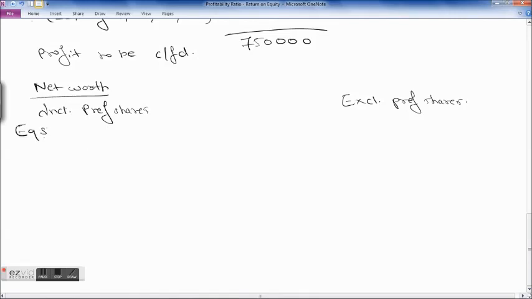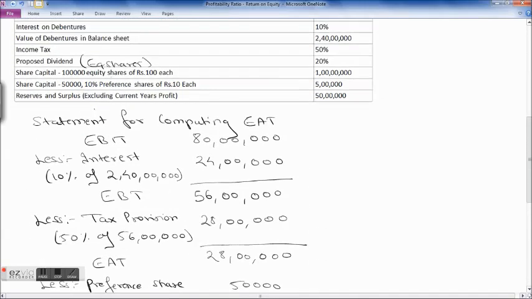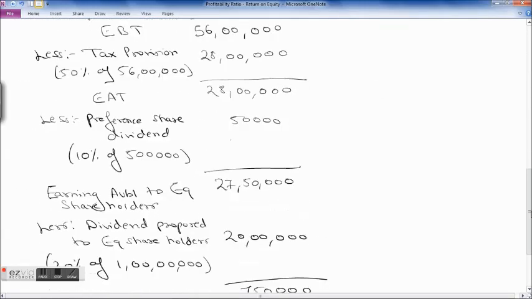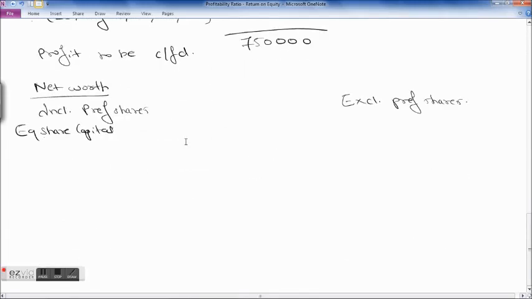your equity share capital. Okay, so how much is the equity share capital? 1 crore, right? Equity share capital is 1 crore, plus your reserves and surplus.